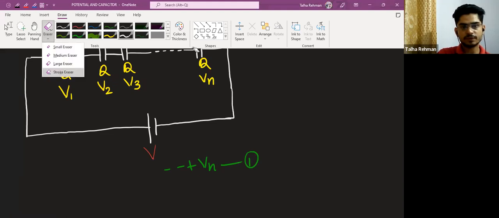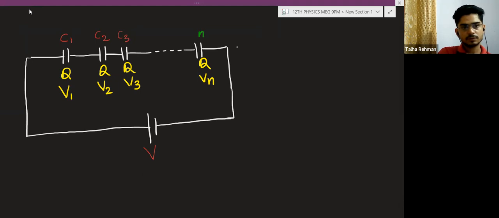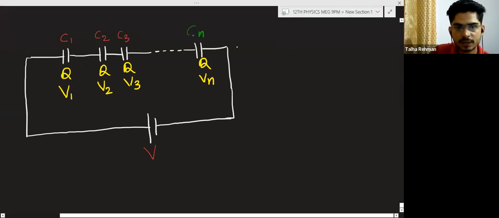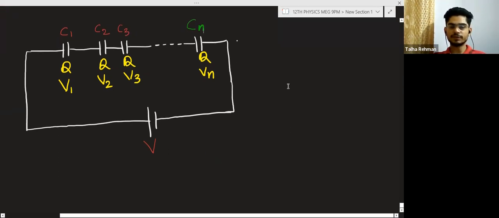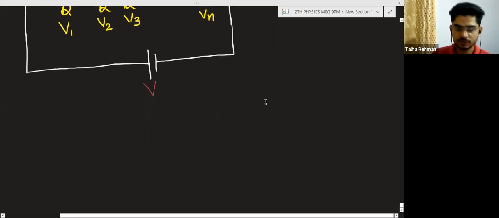I'm just modifying this circuit. This is Cn, this was Cn. This is the same circuit, not the modified circuit. So here, from this circuit, there can be some questions that can be asked.